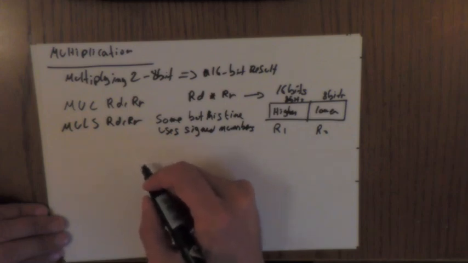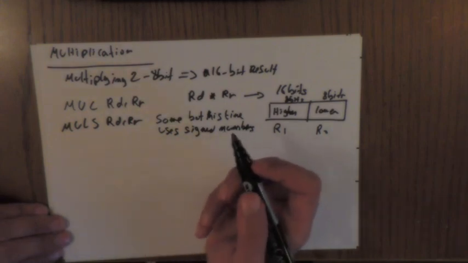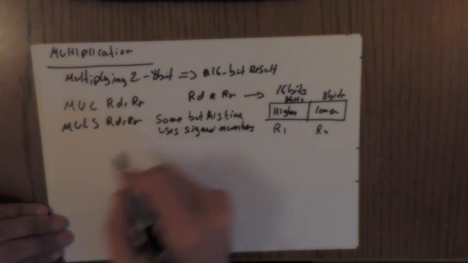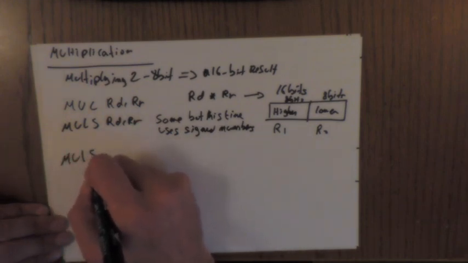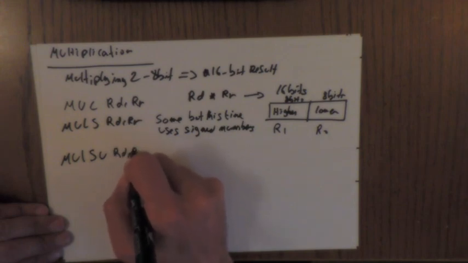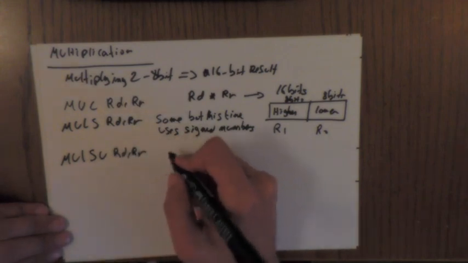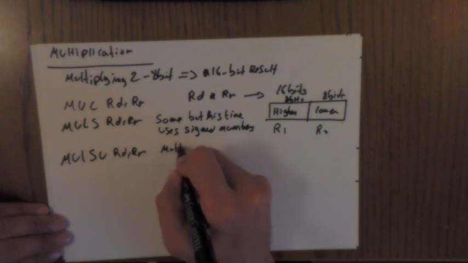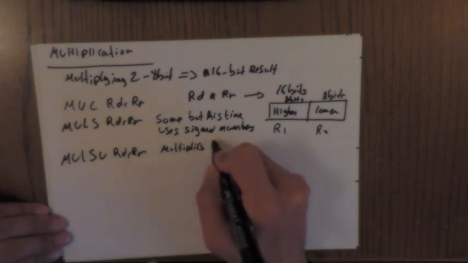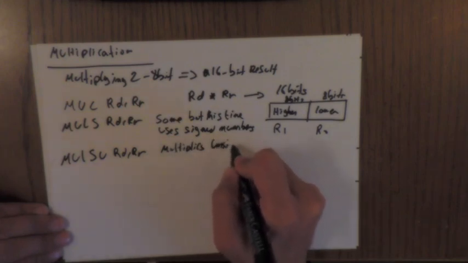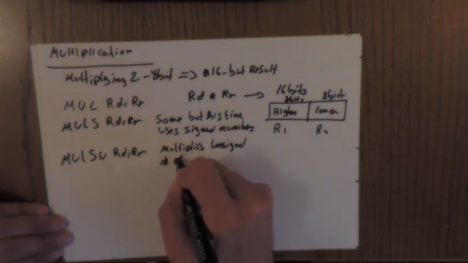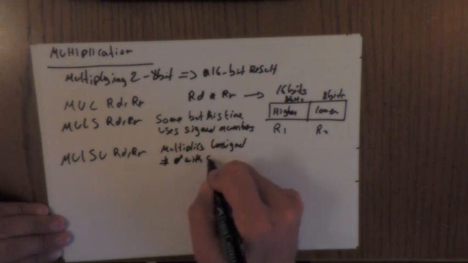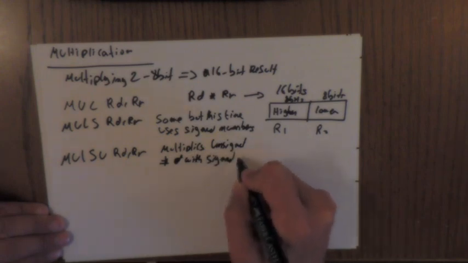And we also have, if one is unsigned and the other is signed, MULSU Rd, Rr, which multiplies unsigned numbers with signed numbers.